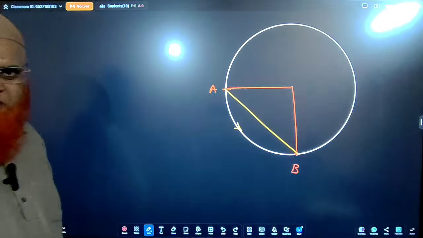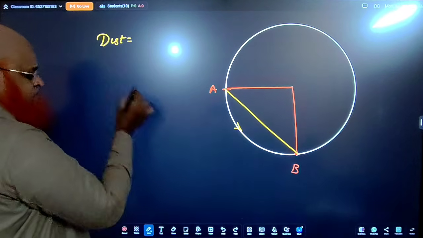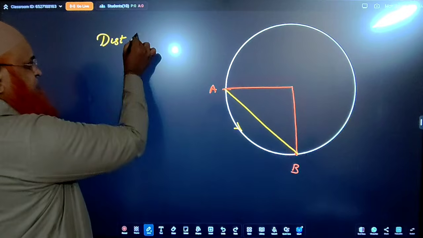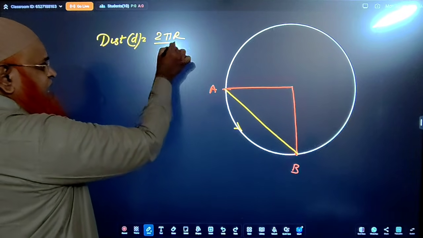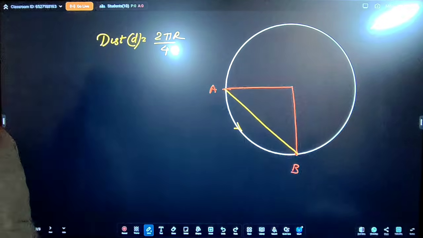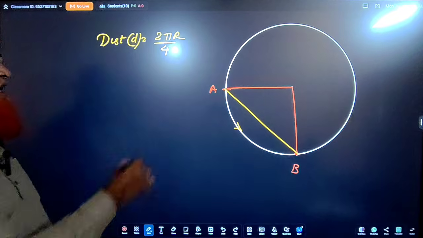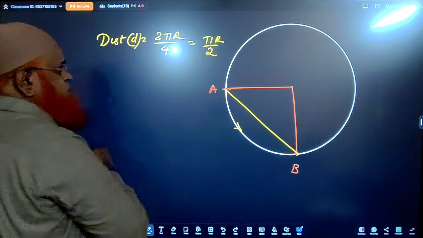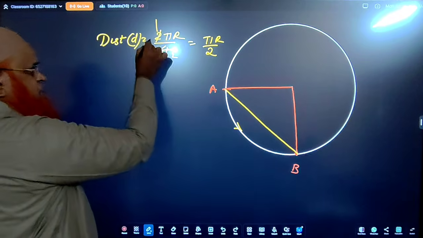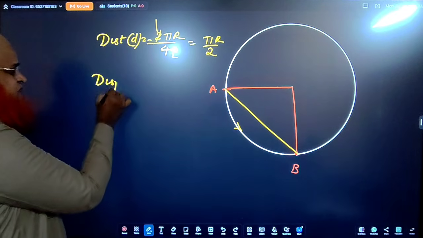This is going to be the displacement. First you will write the distance, which is given by small d. The total circumference is 2 pi r divided by 4, because it's nothing but 1/4 of a circle. So we will write it as pi r by 2.